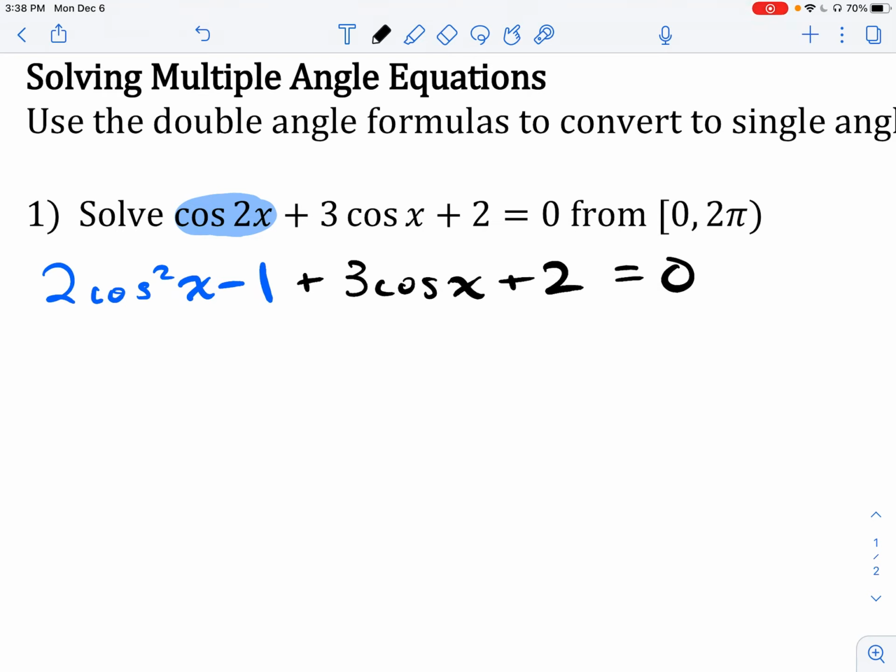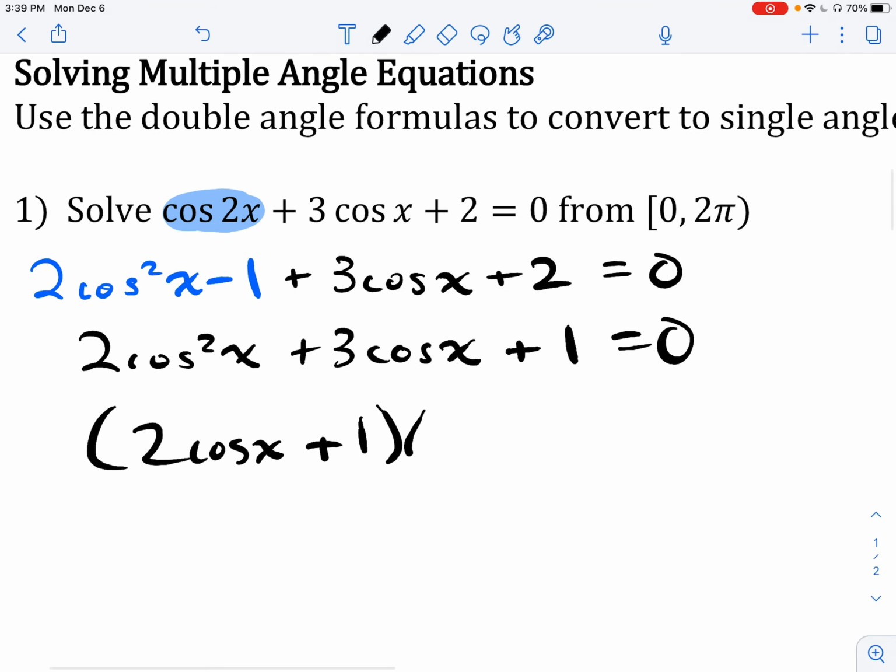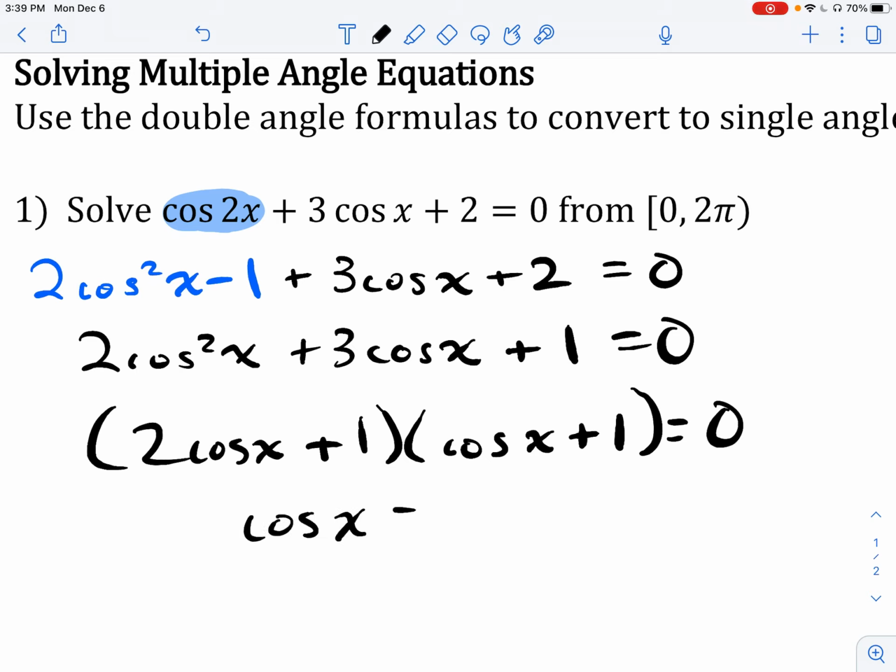This allows us to simplify this as 2 cosine squared x plus 3 cosine x, and we can combine our constants and write plus 1 is equal to 0. Factoring, 2 cosine x plus 1 times cosine x plus 1 is equivalent. Then we can say cosine x is equal to negative 1/2, and cosine x is equal to negative 1.